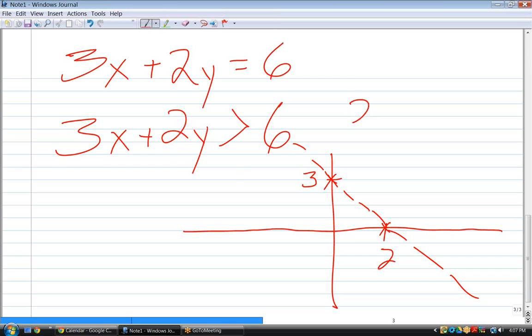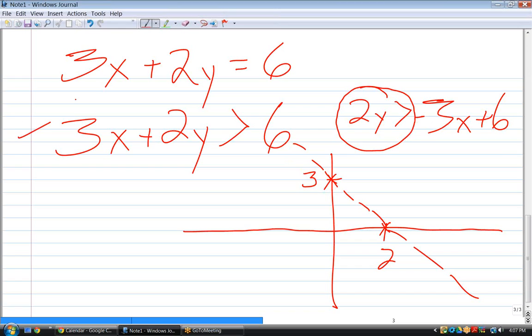So I would have 2y is greater than negative 3x plus 6. Well, I don't really have to go any further, as all I see is that. Now, this inequality over here that I have the circle around is the same inequality as this is. Just because it's algebraically manipulated, it's the same line.